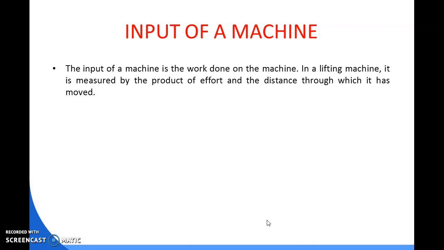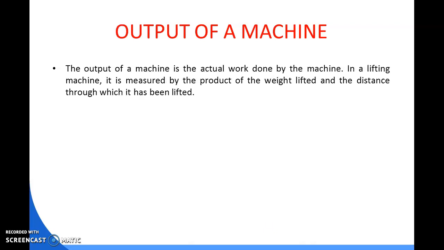In a lifting machine, it is measured by the product of effort and the distance through which it has moved. Similarly, the output of a machine is defined as the actual work done by the machine. In a lifting machine, it is measured by the product of weight lifted and the distance through which it has been lifted.